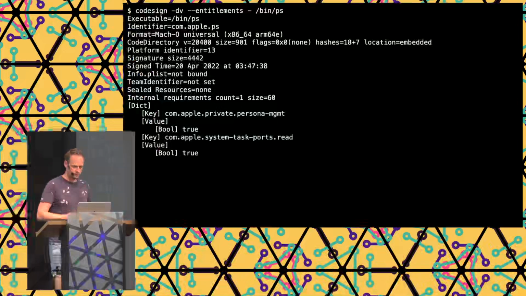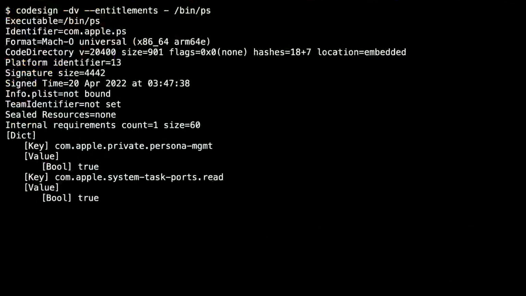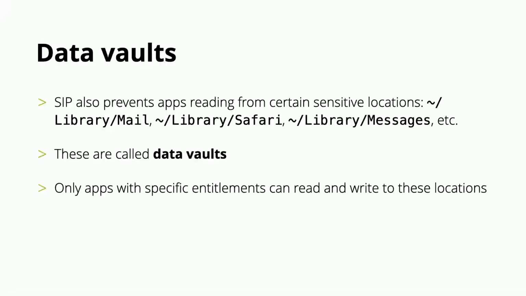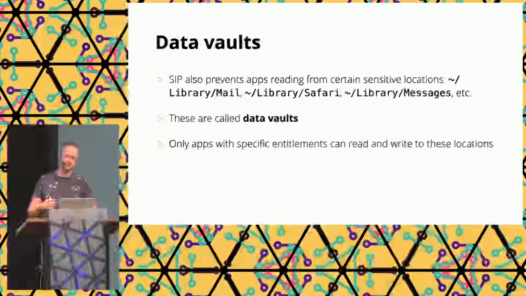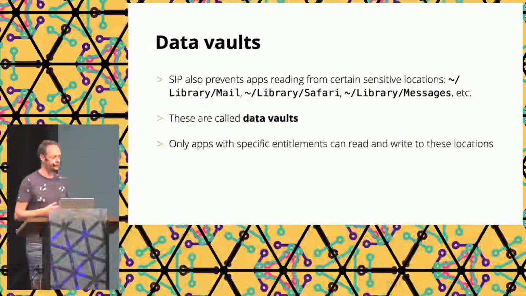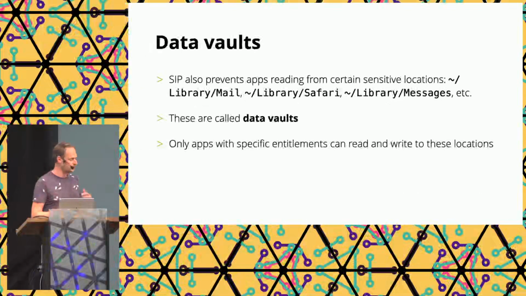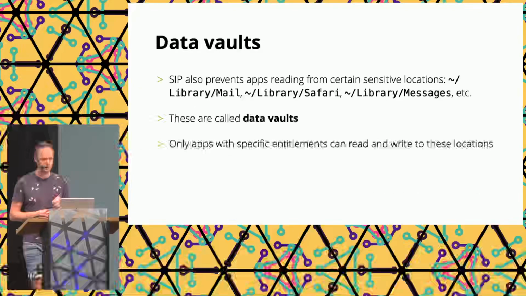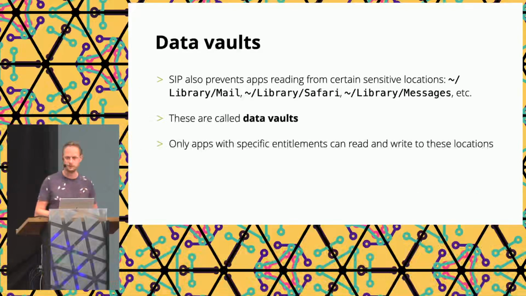So in order to allow SIP to work, the entitlement system is used as well, because, for example, the ps binary needs some very specific permissions for which entitlements are used. SIP also prevents apps reading from certain sensitive locations, like your mail database, etc. And these are called data vaults. And only apps with very specific entitlements can read and write into that location.